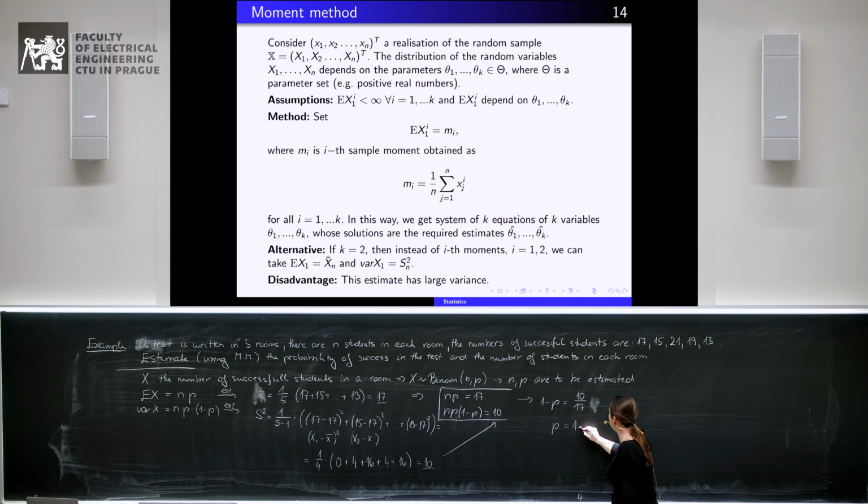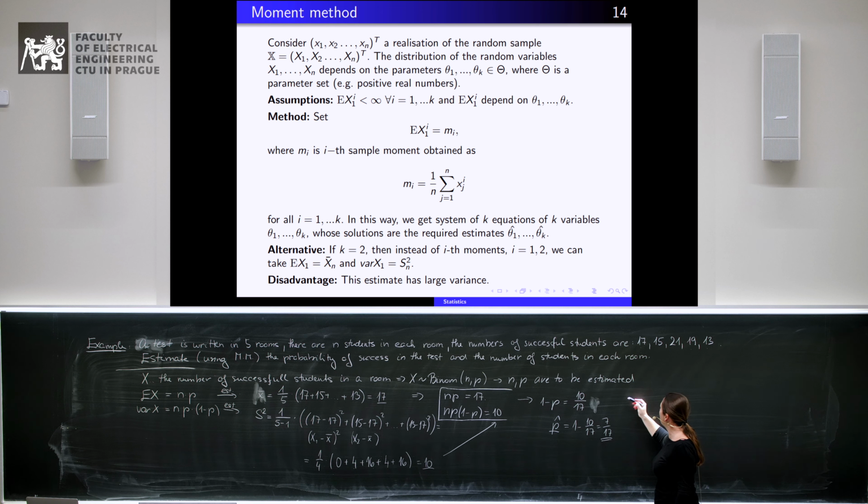And that's the estimate of the probability of success in the test for each student, because we don't know the students, so we suppose that the probability is the same for all the students.